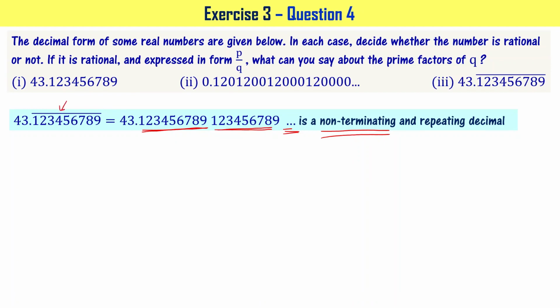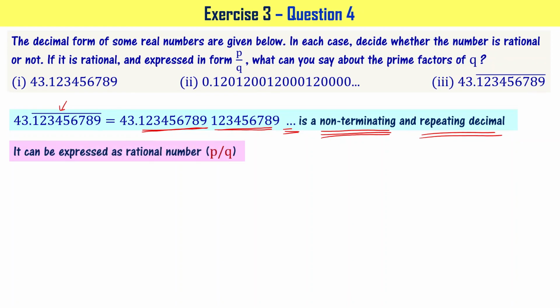That's why we say that it is a non-terminating but repeating decimal, right? We learned that non-terminating and repeating decimals can be expressed in the form of p by q, where p and q are integers, right? It means these are rational numbers. The given number is a rational number, right?